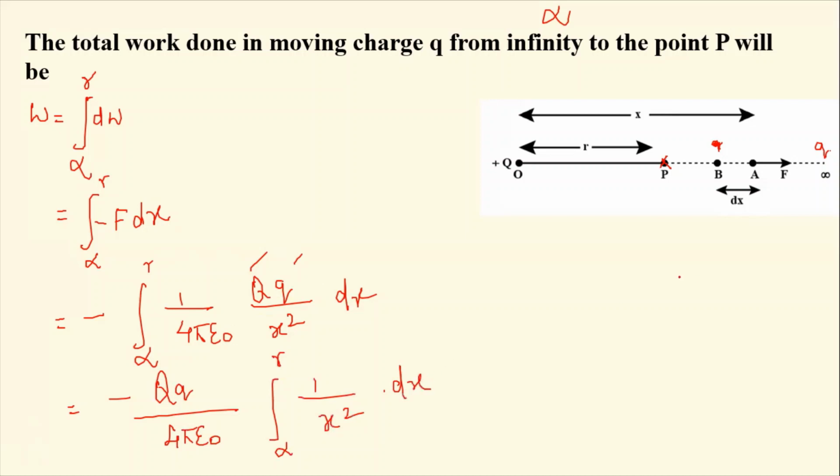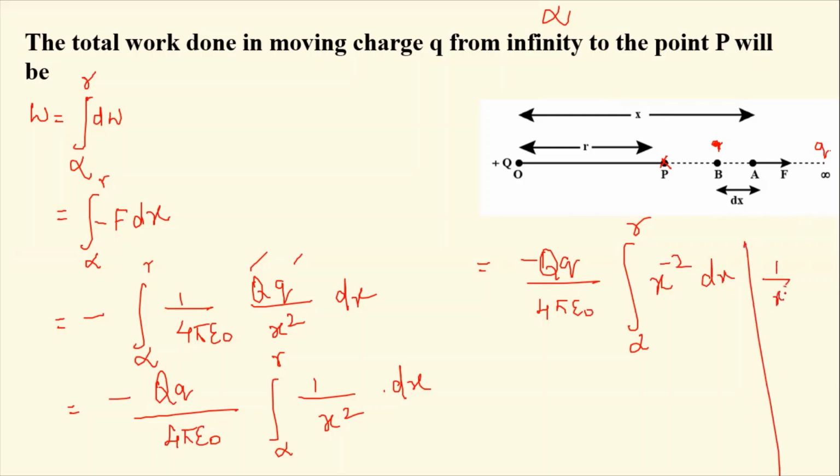Okay. So now this can be written as minus q by 4 pi epsilon naught, integration from infinity to r of x power minus 2 dx, because 1 by x square is equal to x power minus 2, right?